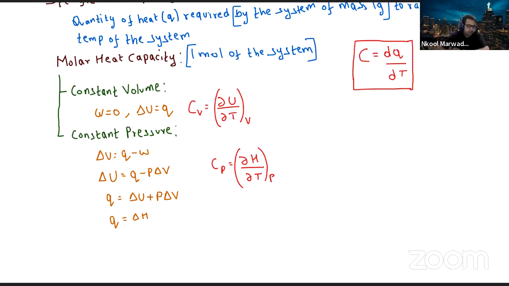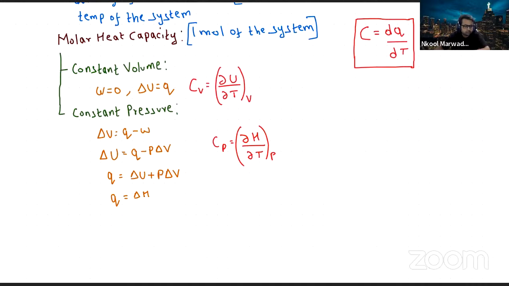Now we will look at the relationship between them. Relationship between molar heat capacity at constant pressure and molar heat capacity at constant volume.